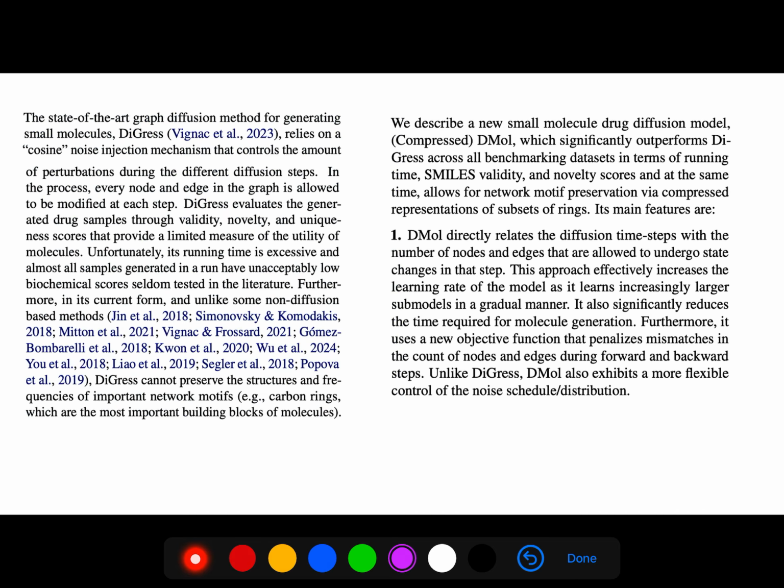The state-of-the-art graph diffusion methods for generating small molecules, like DiGress, and of course this model is built on top of DiGress. The training is very similar. It relies on a cosine noise injection mechanism that controls the amount of perturbation during the different diffusion steps. So every node and edge in the graph is allowed to be modified at each step. Unfortunately, its running time is expensive, and almost all samples generated in a run have unacceptably low biomedical scores, seldom tested in the literature.